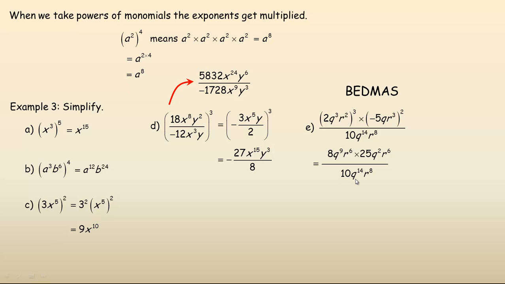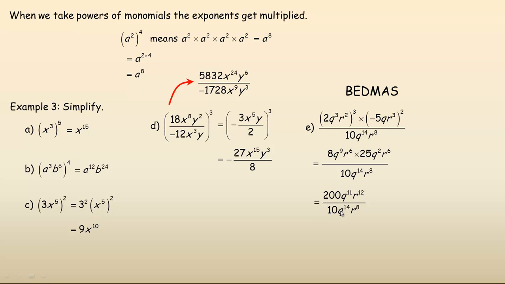And then, of course, we have this 10 q to the 14th, r to the 8th in the denominator. Now, what I'd suggest is multiply those two monomials on the top together and then do this division. So 8 times 25 is 200. 9 and 2 add to 11 when we multiply the two powers of q, and 6 and 6 add to 12. So now to divide this, we would divide 200 by 10.